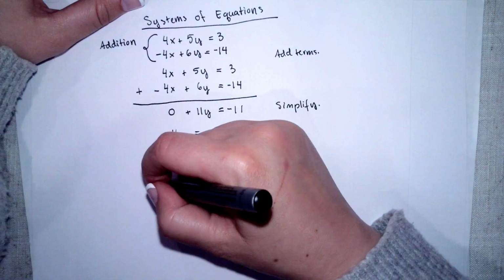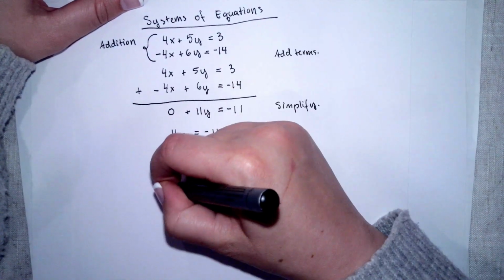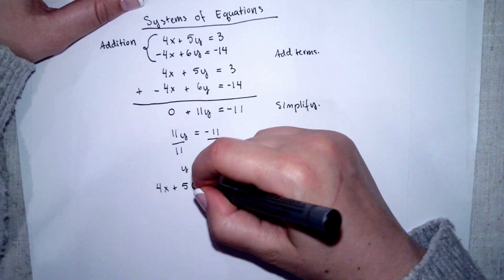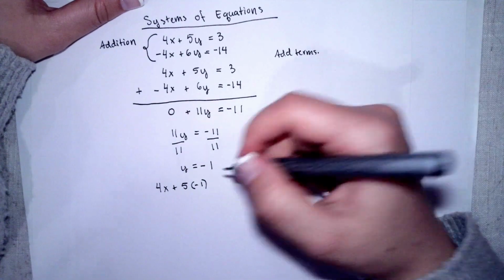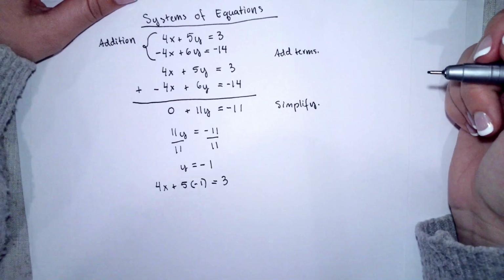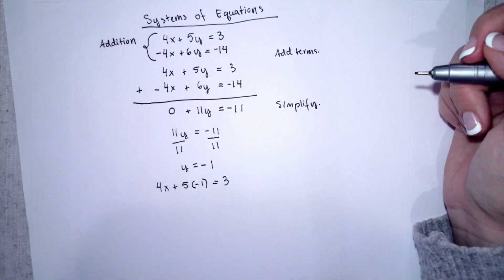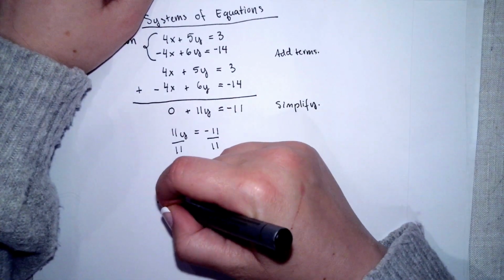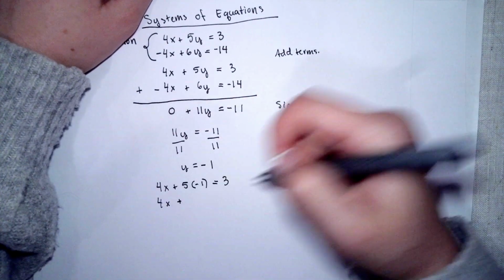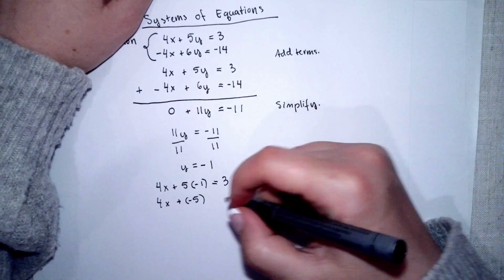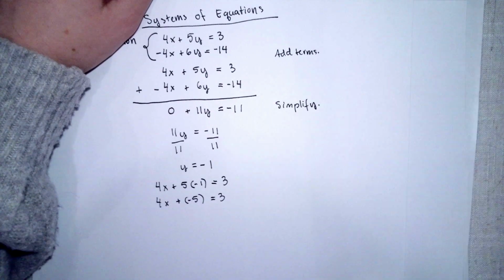So let's see, 4x plus 5y, so y is negative 1. I'm going to put that negative 1 there, equals 3. Okay. Alright. We're going to multiply these out together. We'll say negative 5. You can also do minus 5. It means the same thing.